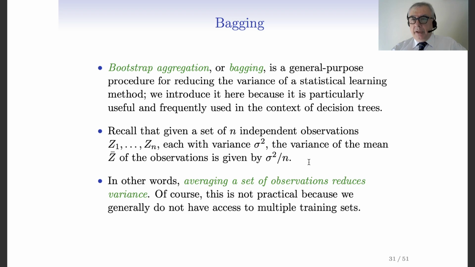The starting point is the well-known fact that given a set of independent random variables, each with variance sigma squared, if I consider the average of these random variables, the variance of the average is given by sigma squared over n. This is something you know very well. So if you are averaging independent observations, this is going to reduce their variance.